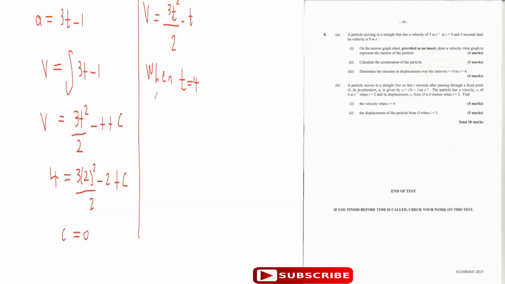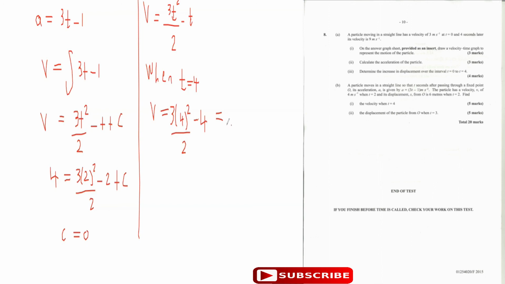we can plug in t as 4. We get v is equal to 3 times 4 squared over 2 minus 4. And that's equal to 3 times 4 squared divided by 2 minus 4.